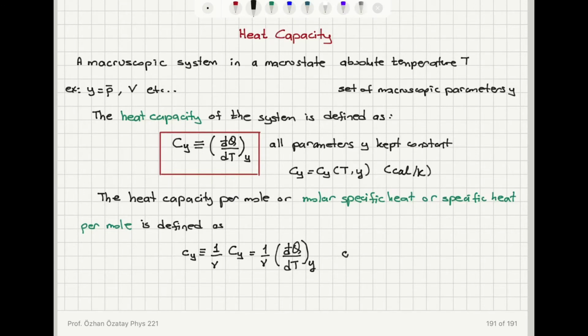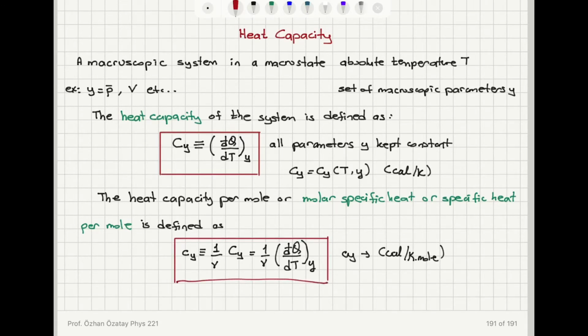So this will be in units of calories per Kelvin per mole. And once again, the specific heat is temperature dependent and also depends on the value of Y, just like the heat capacity.